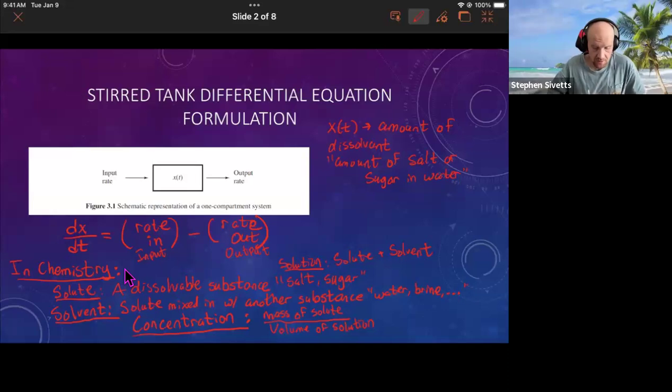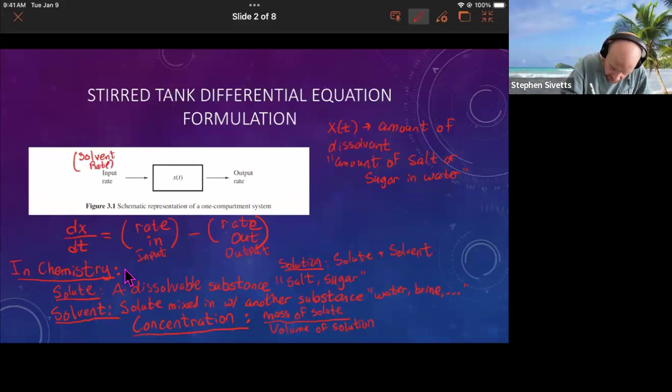So the challenge here to form a stirred tank differential equation is to examine the rate of the solvent, right?